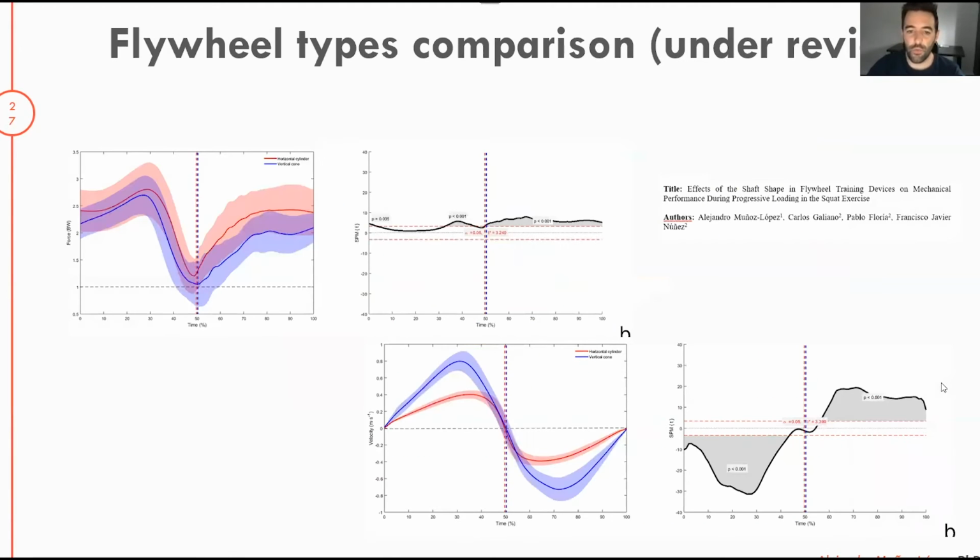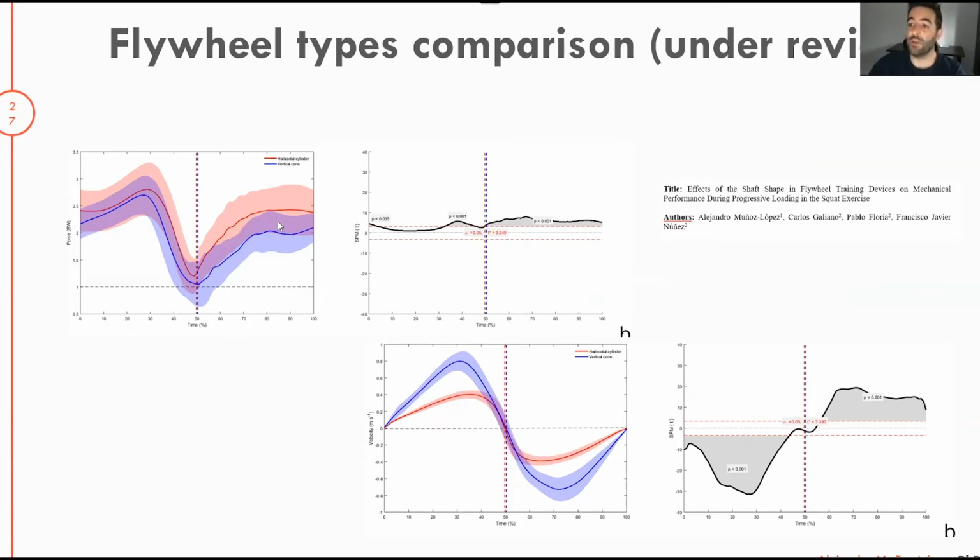So what we really saw is that when you use a horizontal cylinder, you can have more force, as is presented here on the red line, along most of the concentric phase of the repetition. You can see here the differences, of course, are more notable during the eccentric phase.